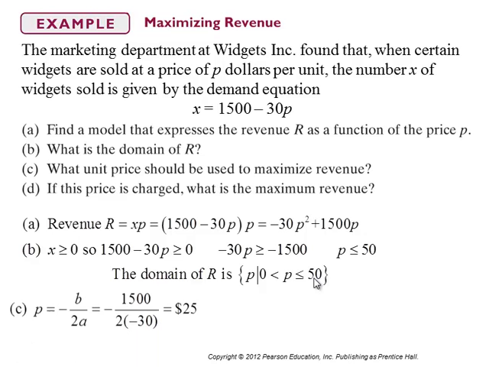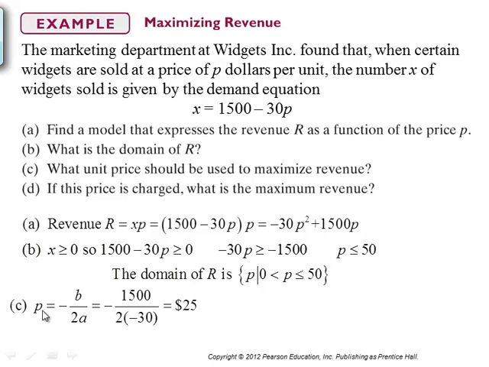Okay, moving along here. What price will maximize the revenue? Well, remember how from the previous section we were able to find the p coordinate. Remember, in this case, p is the independent variable. We're able to find the p coordinate of the vertex. Also notice that this revenue function has a negative leading coefficient.